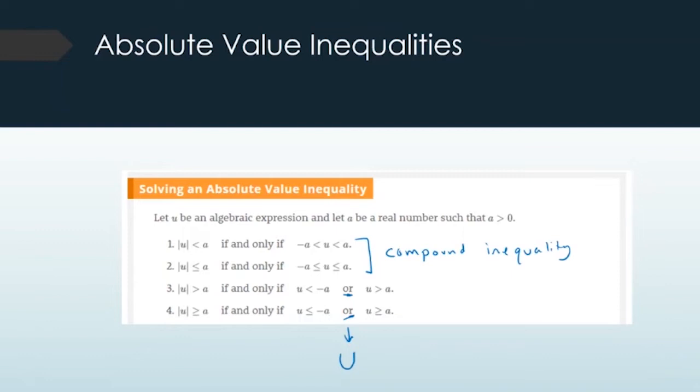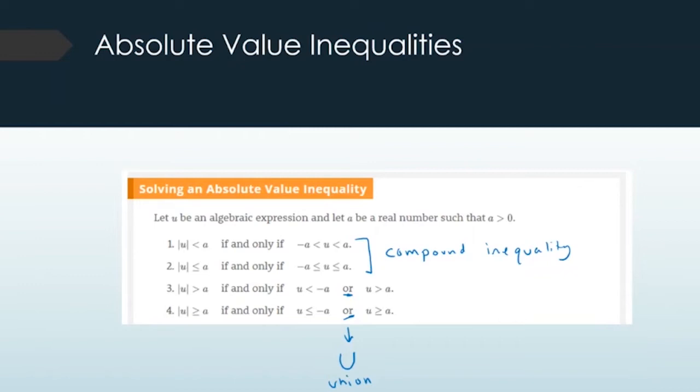We're just saying, okay, wherever we've colored, that's our solution. So for these types, I strongly recommend graphing in order to figure out your solutions because of the fact that we have what is called a union going on because of the or symbol. So it's either one or the other, or it could be both. So that's what that means, basically.